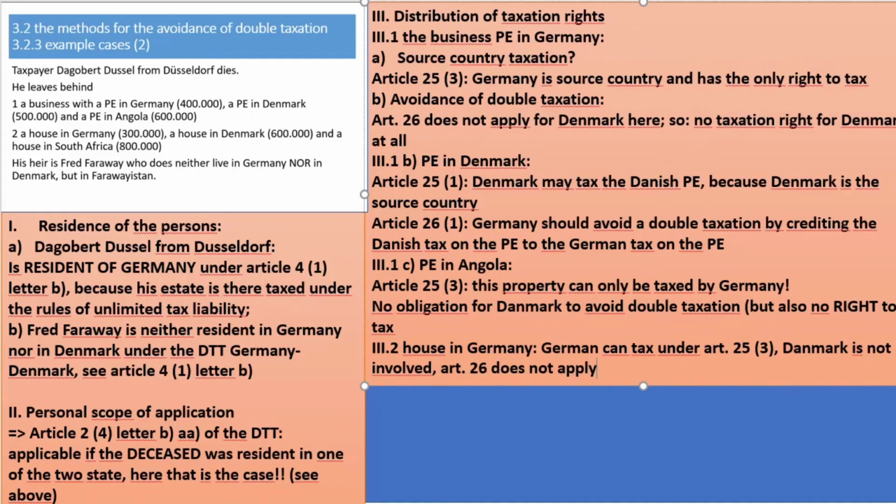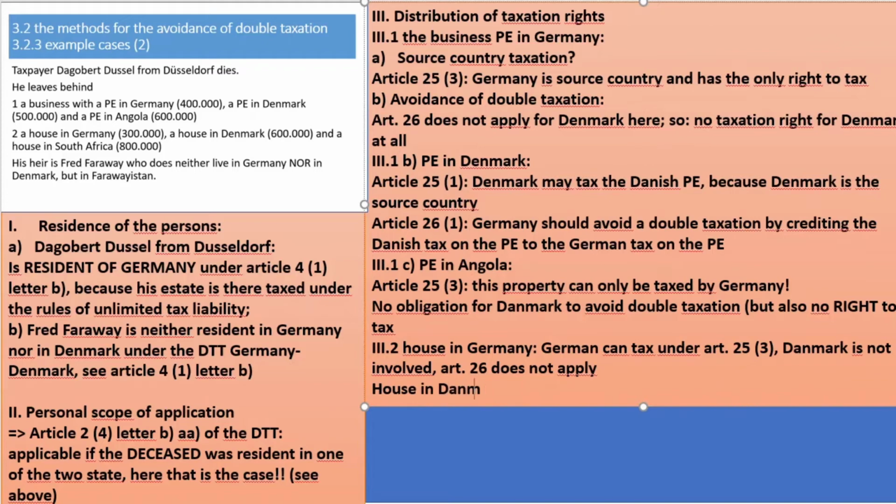As before, there is no reason why Denmark could take a tax, and so Article 25.3 says only Germany can levy a tax, and then 26 says Denmark is completely out because we do not have the case that the taxpayer lived in Denmark. So then we have the house in Denmark.